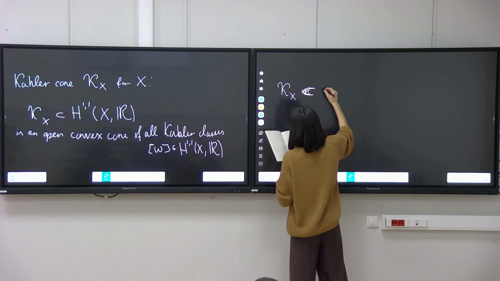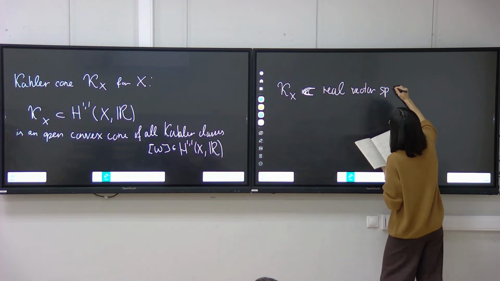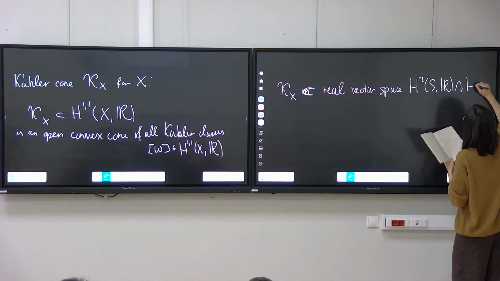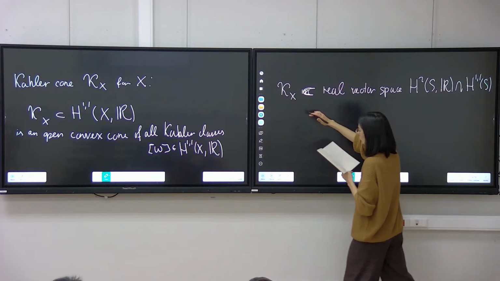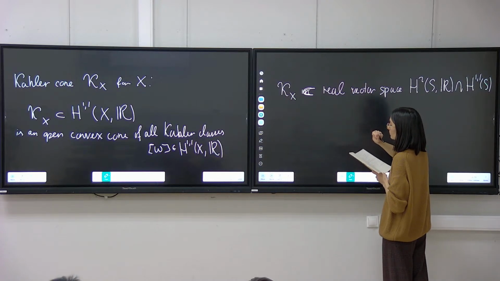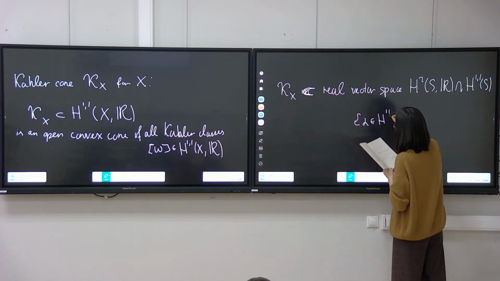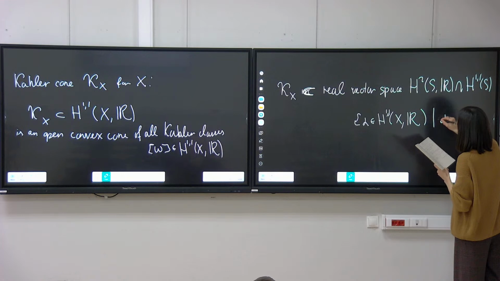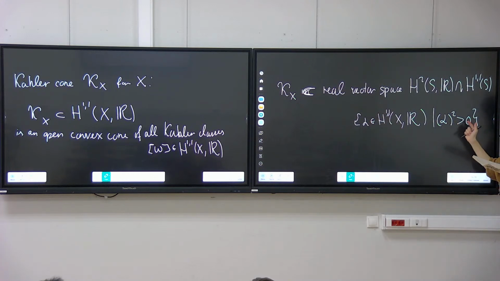So K_X is a subset of a real vector space H^{1,1}(X,R), where we still have two connected components of this cone, right?